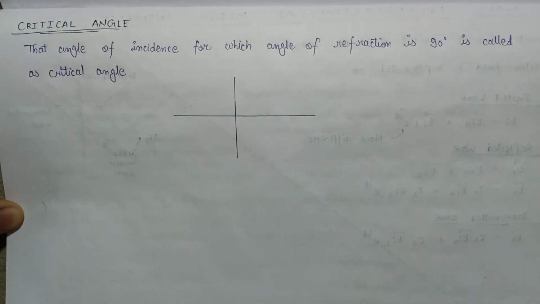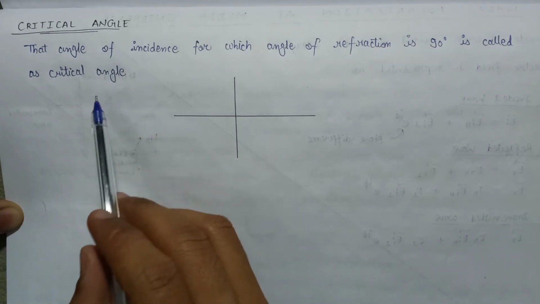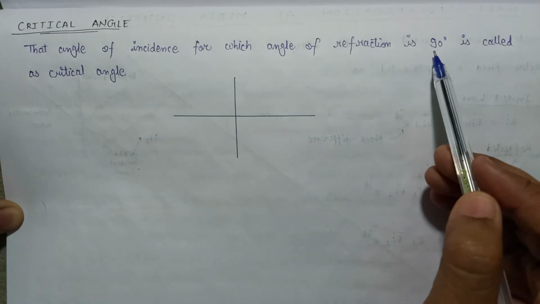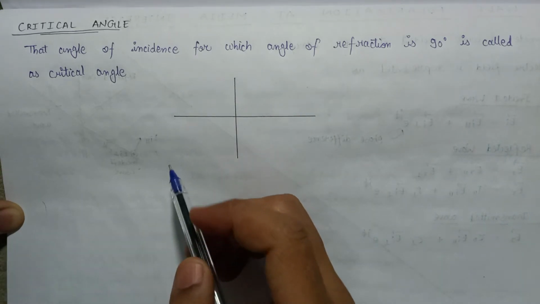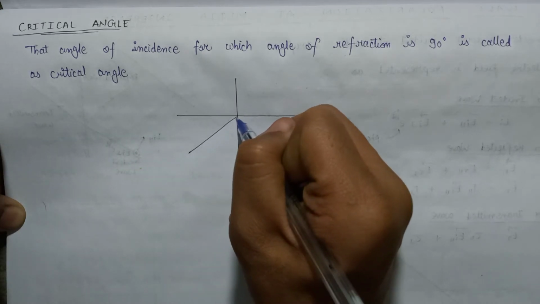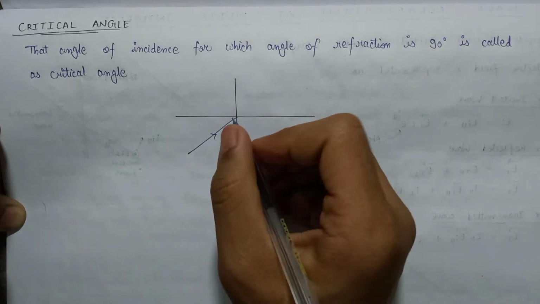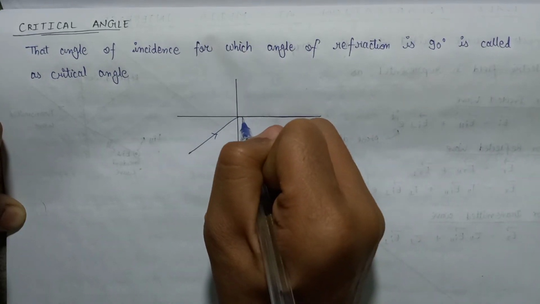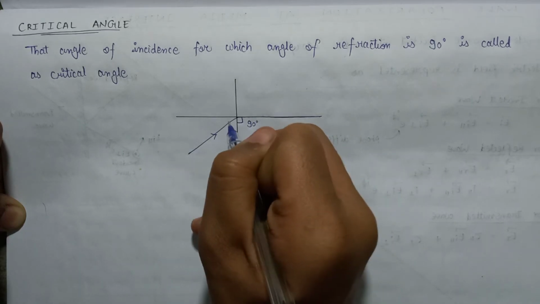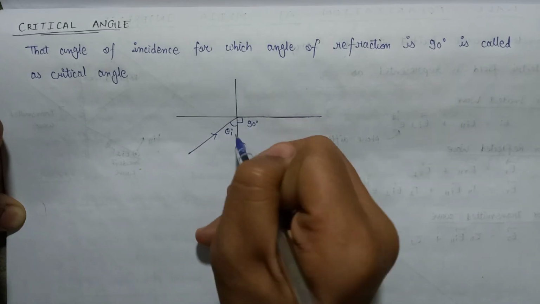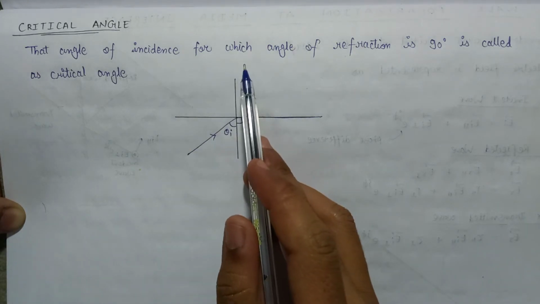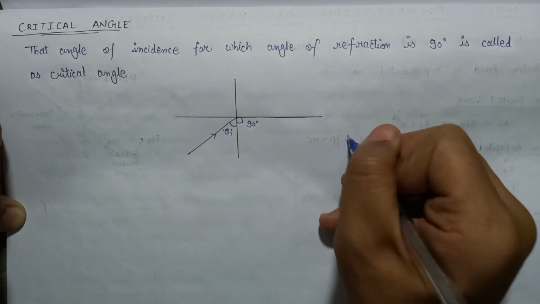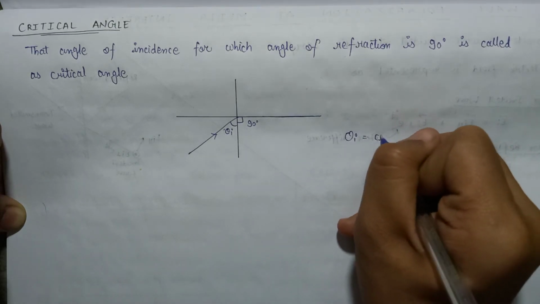Now let us have a look at the third phenomenon, that is critical angle. The critical angle is defined as the angle of incidence for which the angle of refraction is equal to 90 degrees. Let's suppose this is the incident ray, and after getting refracted, it makes an angle of 90 degrees, and this is the angle of incidence, that is theta I. According to this phenomenon, this theta I is known as the critical angle.